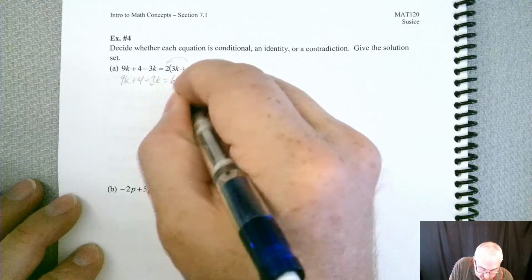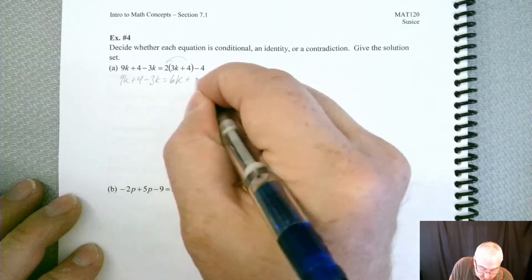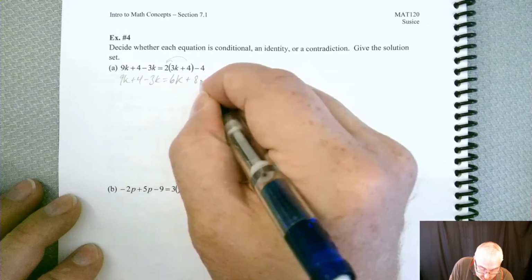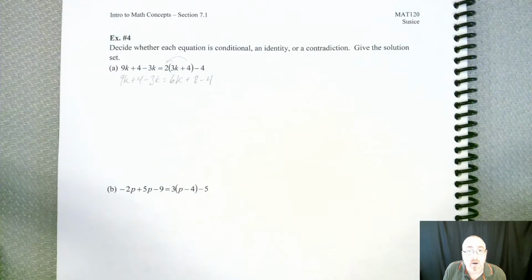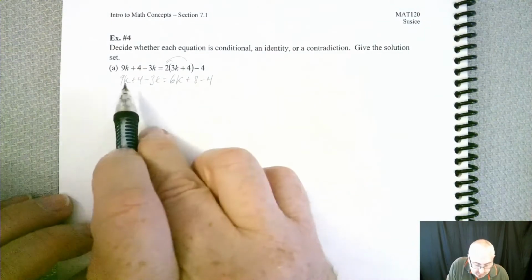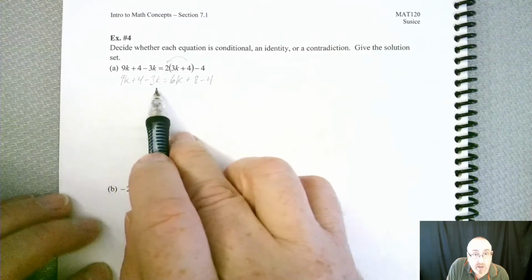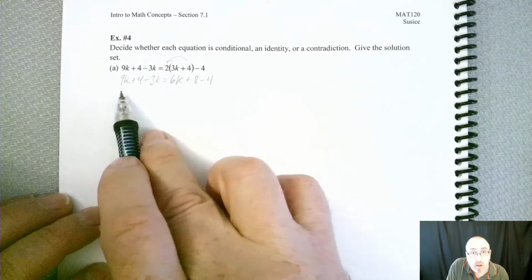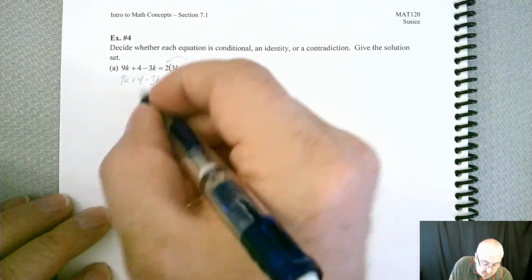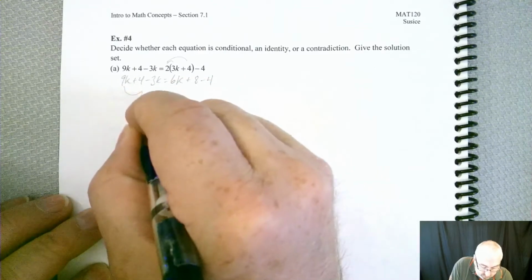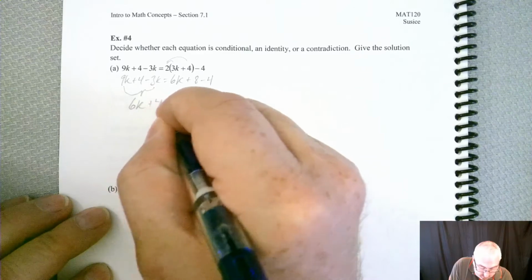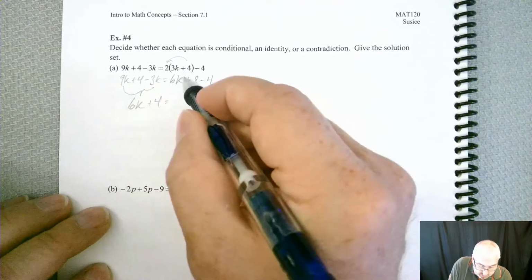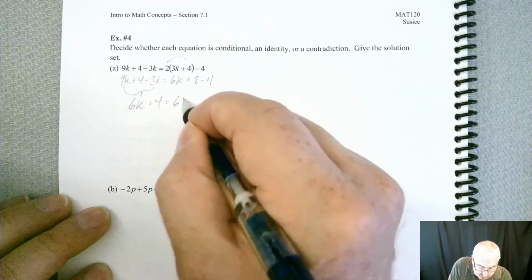So we should get a 6k plus 8 minus 4. All right, so far so good. Let's simplify down and see what we get. So 9k minus 3k, we can combine those together. That's going to give us 6k. And we still got the plus 4. 6k is going to come down on the right side.